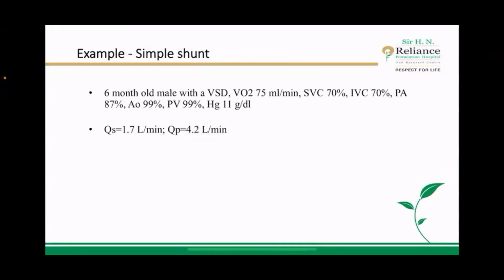If you put the same formulas, QS is equal to VO2, that is 75, divided by Hb 11 into 1.34 into the saturation difference, for QS systemic artery minus mixed venous. So systemic artery here will be aortic, that is 0.99, minus the venous, that is 0.7. So that will give you QS is 1.7. Similarly, QP, in the denominator, you will put pulmonary vein minus pulmonary artery. So that will give you 4.2 liters per minute.